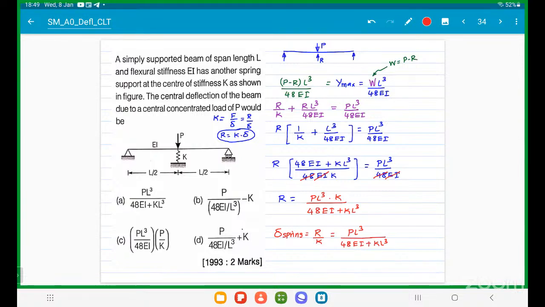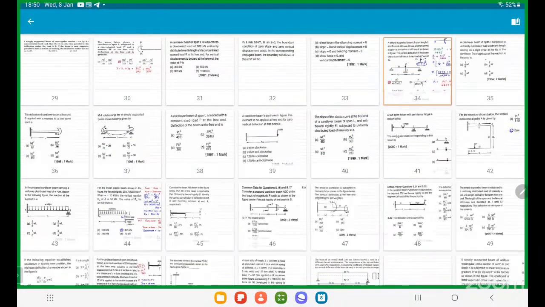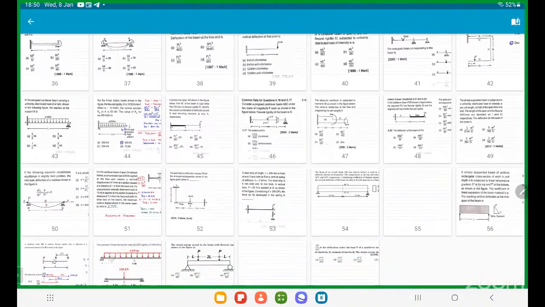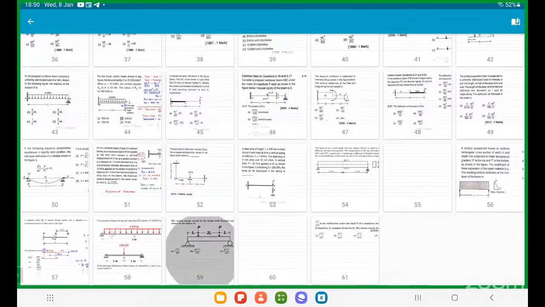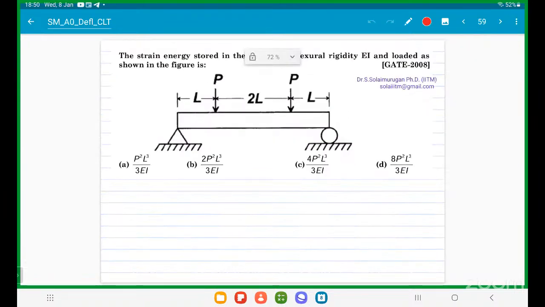Which option is matching? Option A. Wow. Okay. One more question. I will show; you can solve it at home. Take the screenshot. Done now.